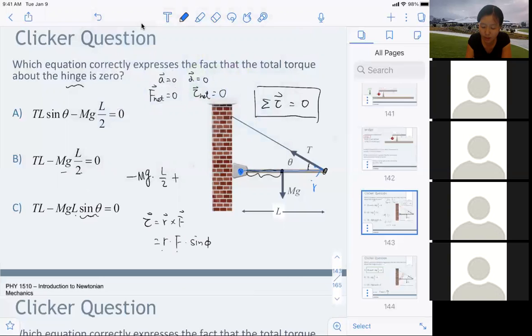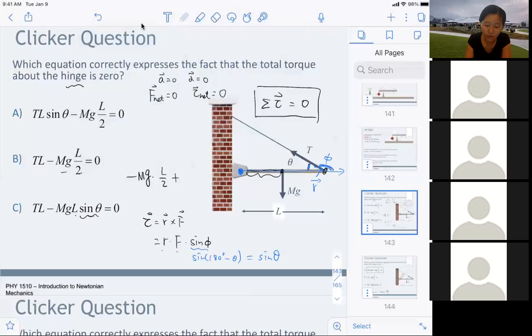So this is my r, and this is the F. Because my r is extending out this way, the angle between them is actually this angle, which is 180 minus theta, and its sine is equal to sine theta. So the sine of this angle is equal to the sine of the smaller angle that was given in the problem.